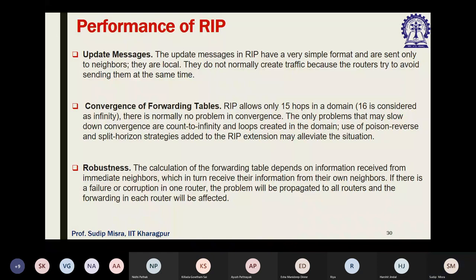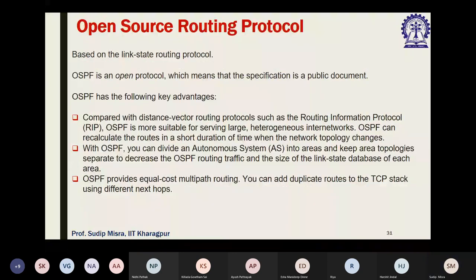Now, let us try to understand the second protocol, which is called Open Shortest Path First, OSPF.